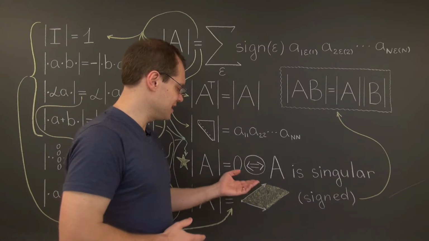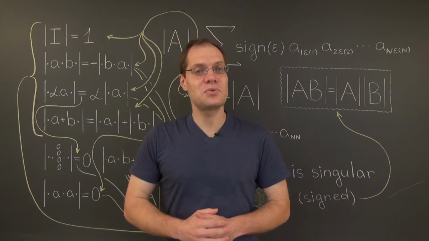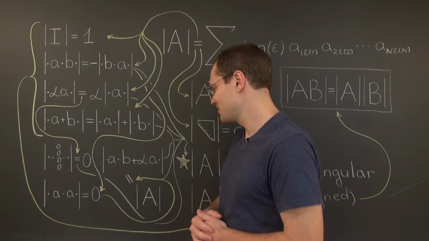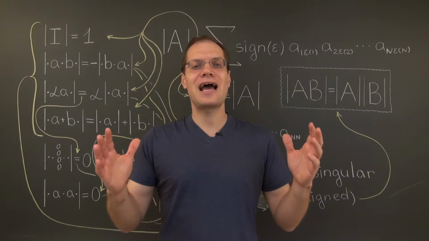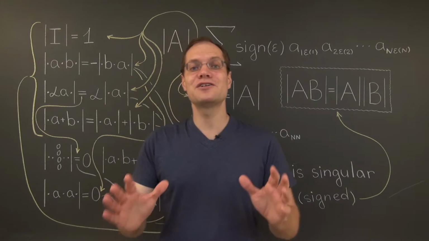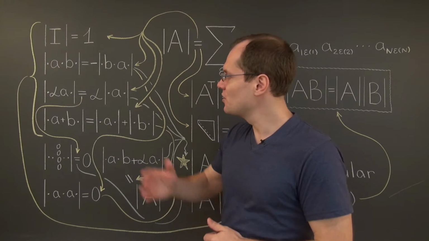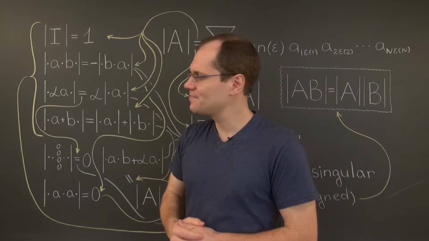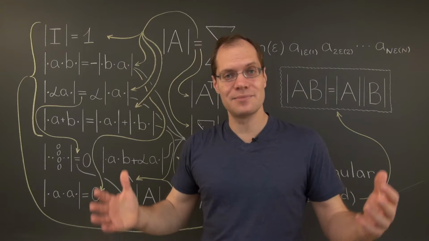What will essentially get us here is this property, which tells us what happens when we add a multiple of one column to another and leave all the other columns unchanged. Well, I'll tell you what happens in just a moment. But first, I'd like to note that you should mentally group this property with this one, which tells us what happens when we switch two columns, and this one, which tells us what happens when we multiply a column by a number.